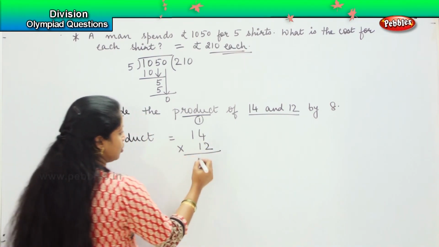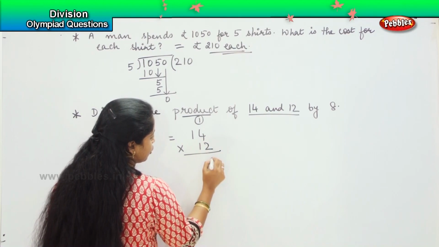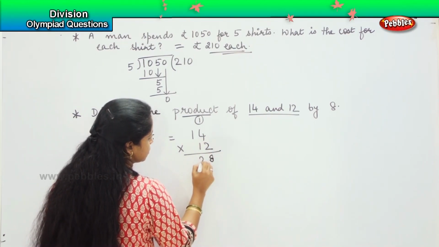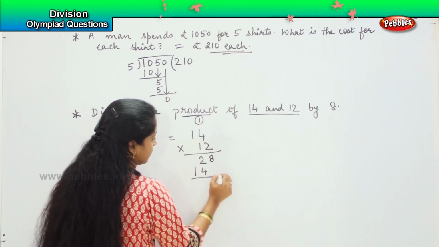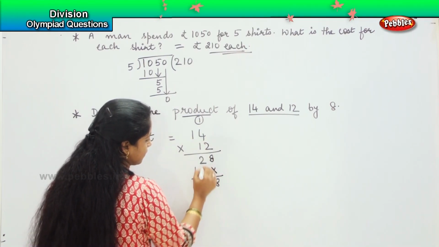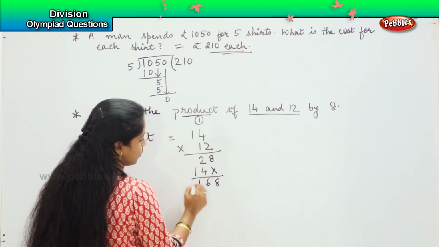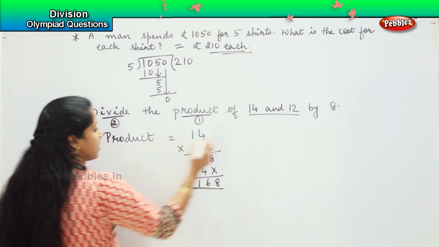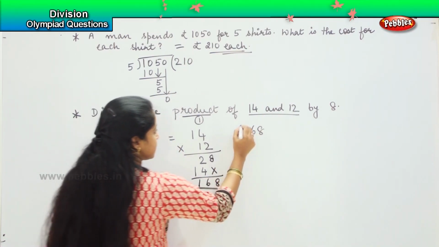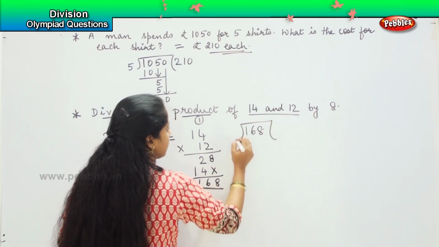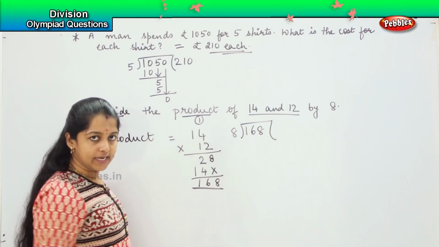Right. So how will I multiply? 4 into 2 is 8, 1 into 2 is 2. 4 into 1 is 4, 1 into 1 is 1. So 8, 2 plus 4 is 6, and 1. So my product is 168. So 168 you have to divide by 8.